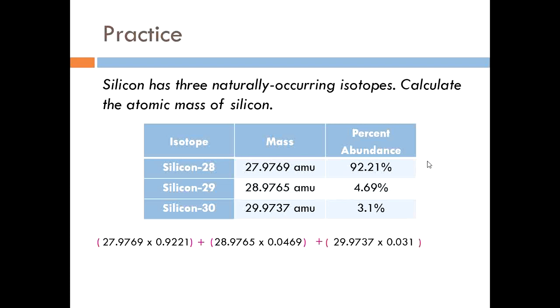And again, 29.9 times 0.031. You put that in your calculator, and you can do it one of 2 ways, right? You can calculate it separately, or you can use the parentheses in your TI calculator or even your phone calculator. Put it all in, and you should get an answer of 28.0857 AMU.